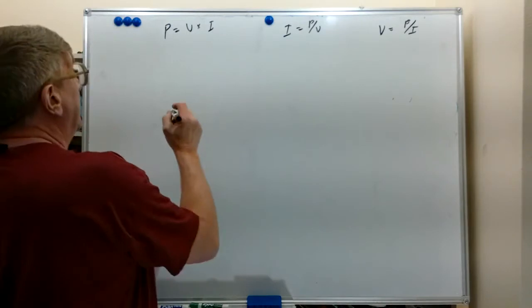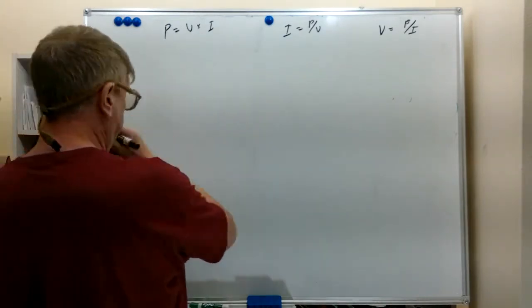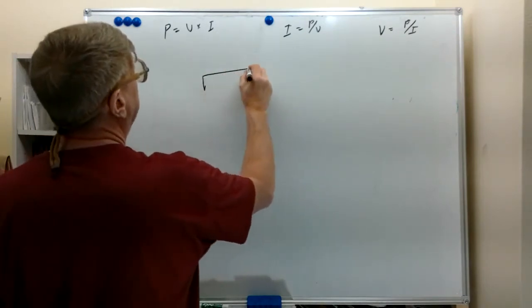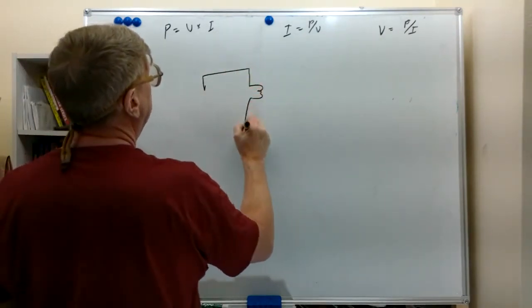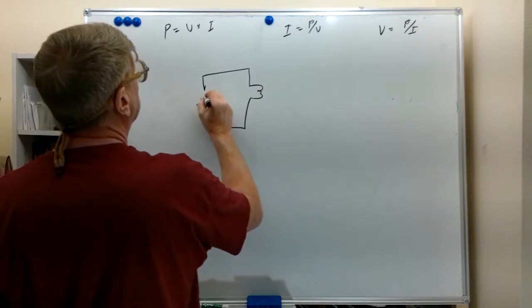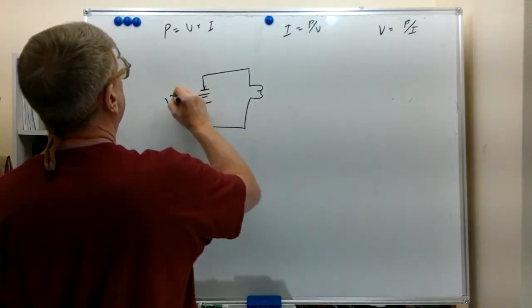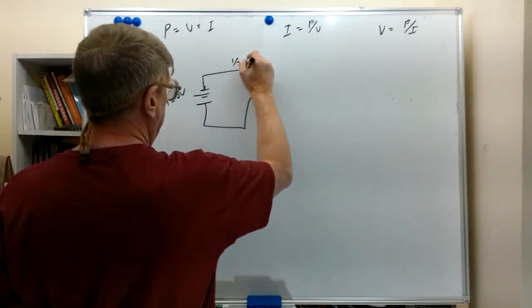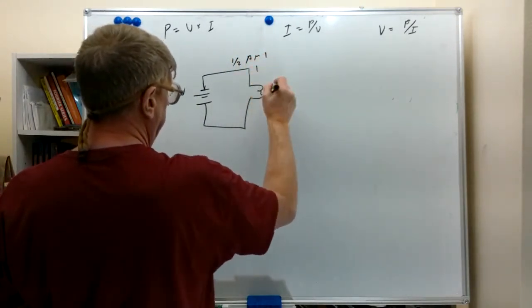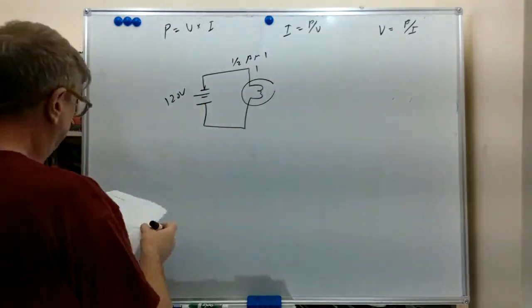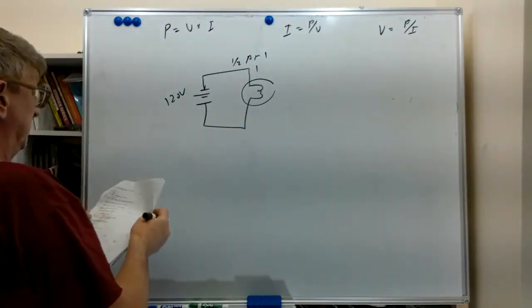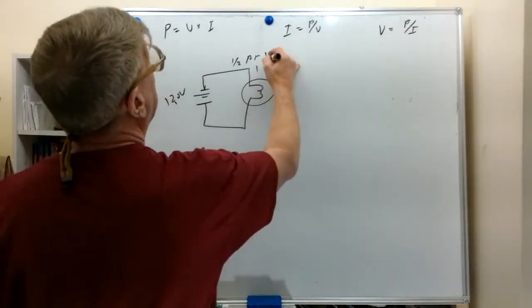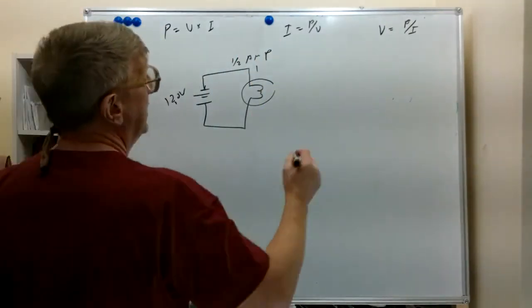Let's just say we have a 120 volt light bulb. We'll draw a little circuit here. We'll draw a light bulb. 120 volts. And we have 1/2 amp flowing through that. So we want to know what the power is. We're given the voltage, we're given the amperage, we want to find the power, so use that.